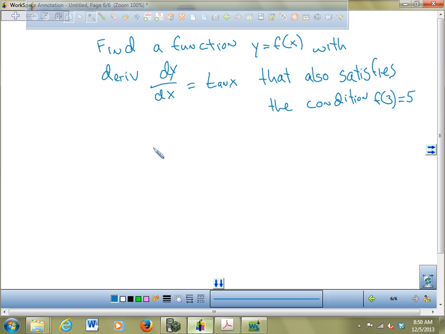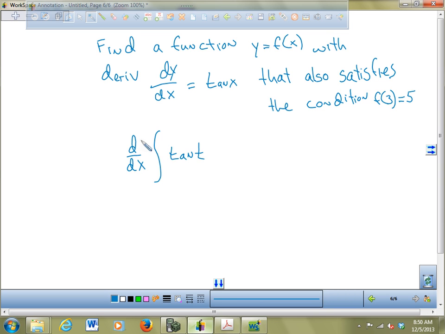What's the integral whose derivative I can take to get tangent of x? No, you're thinking too hard. What's the derivative of this integral? Tangent of x, right? Okay.